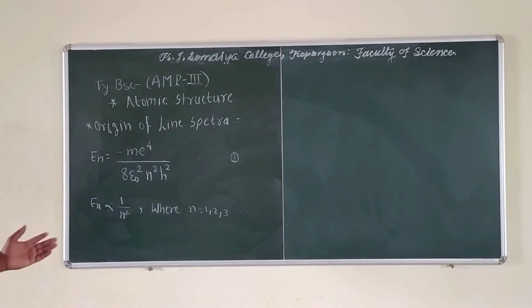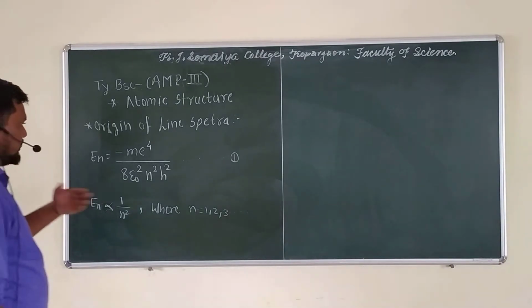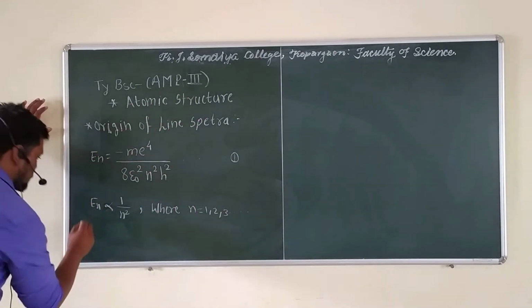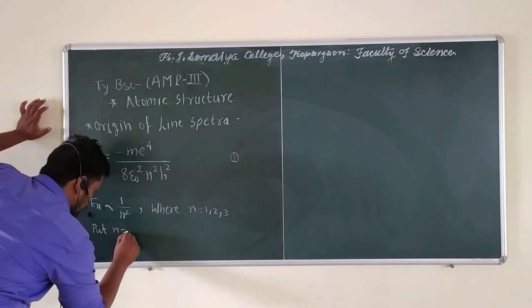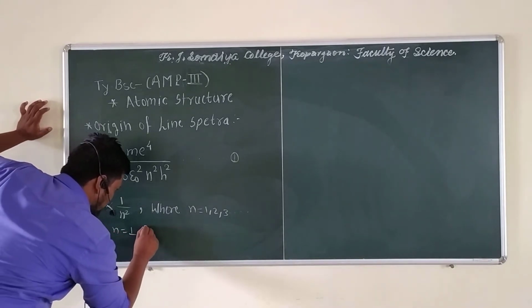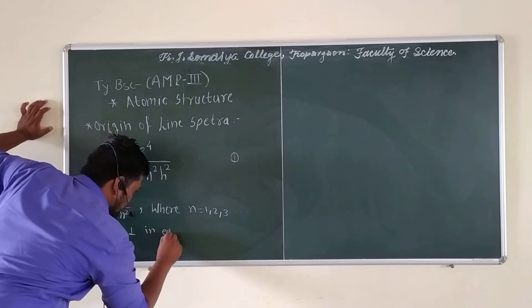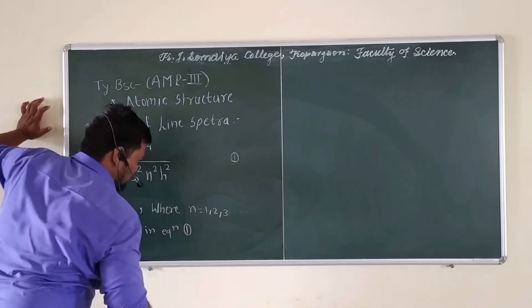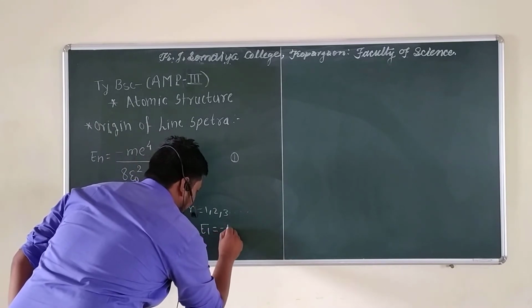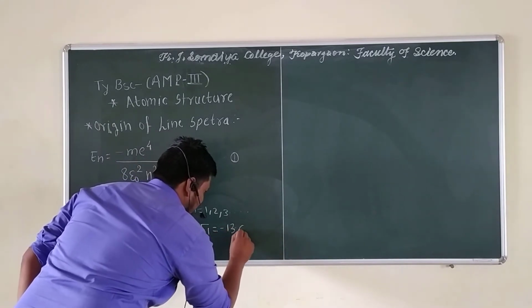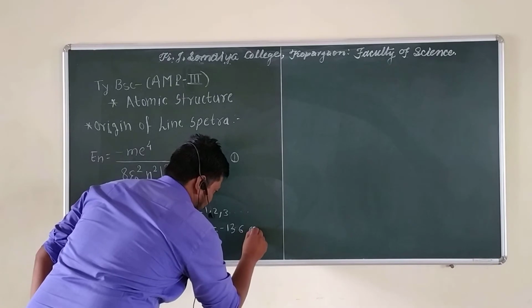If we put n equal to 1 in the above formula, equation 1, we get the value E1 is equal to minus 13.6 electron volt.